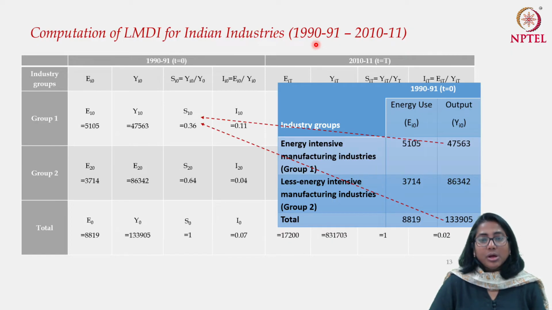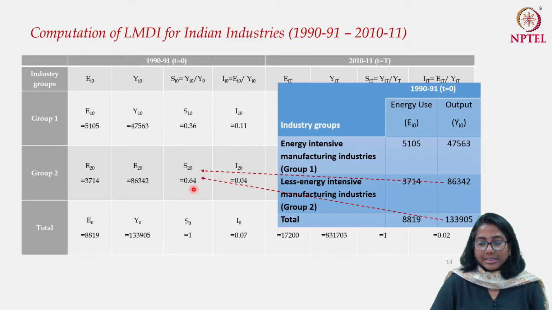This tells you 36% of manufacturing production is coming from the energy intensive industries, and we have derived this by dividing this value by this value. This is the total manufacturing production, and this is the manufacturing output from the energy intensive industries. So 36% is being produced by the energy intensive industries. As a result, 64% is being produced by the non-energy intensive industries in the year 1990-91.